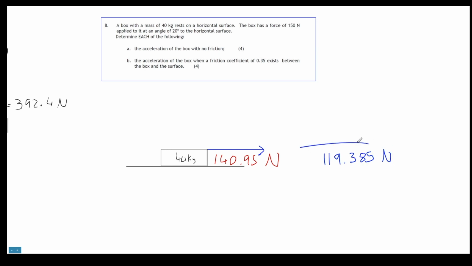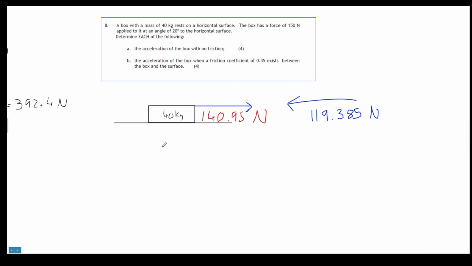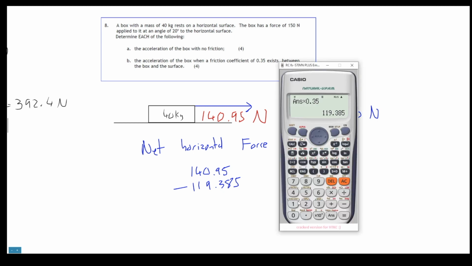It's resisting the motion because that's what friction does, isn't it? It resists the way you're pushing the thing. So the net horizontal force, the force that we're actually pushing this thing forwards with, is going to be 140.95 minus the 119.385. So let's find out what that is. 140.95 minus the answer from the last time.